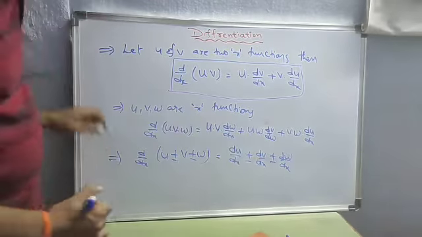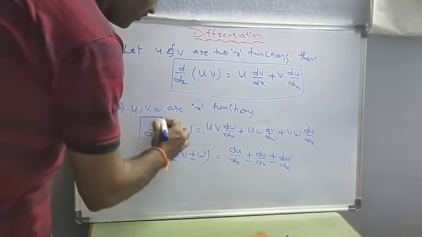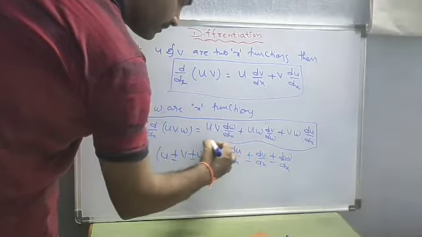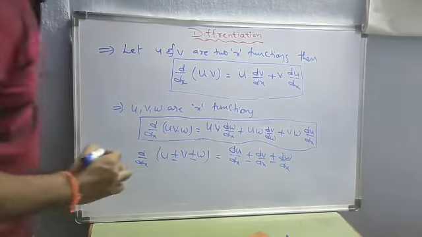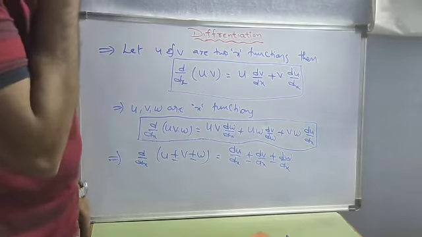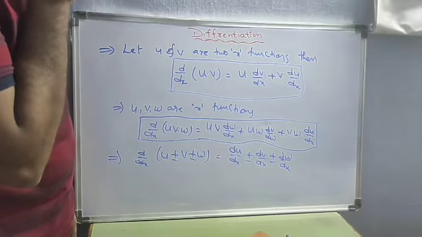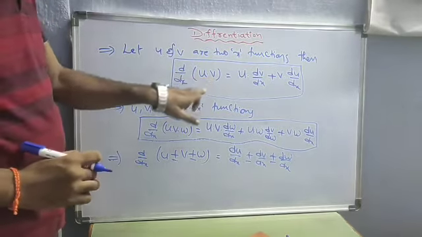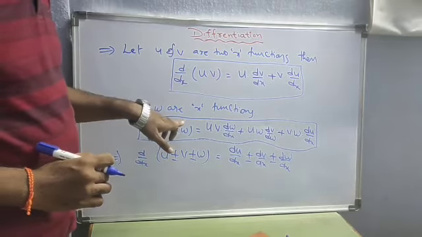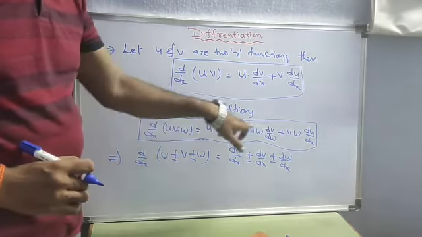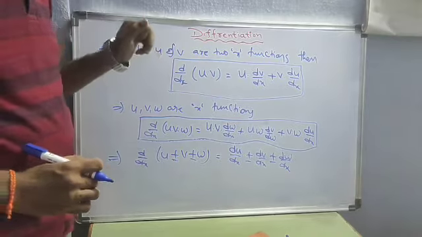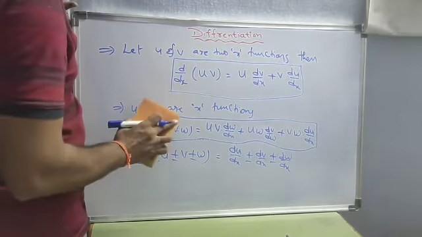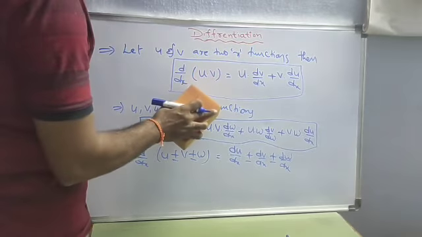If multiplication is there, this is the pattern. Understand? Like that you have to do the procedures. In some problems we have uvw like this, mainly this type.